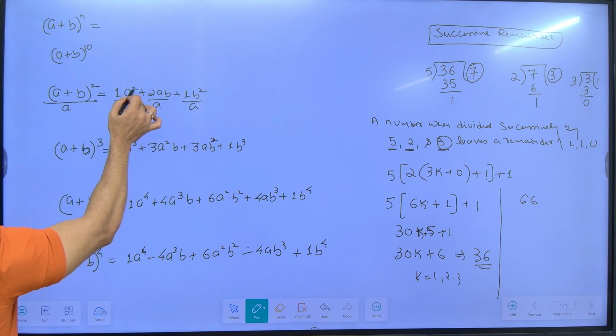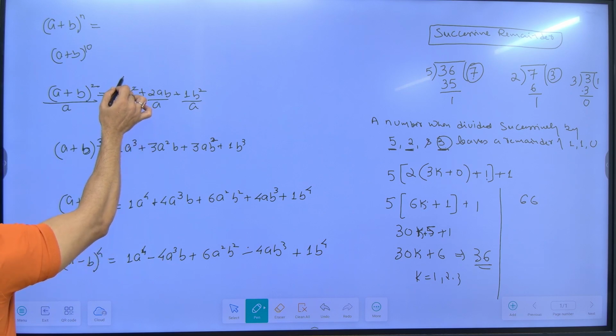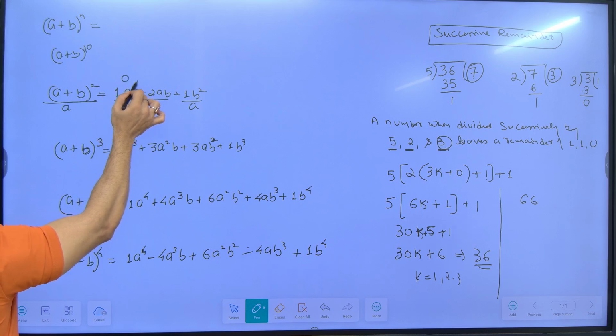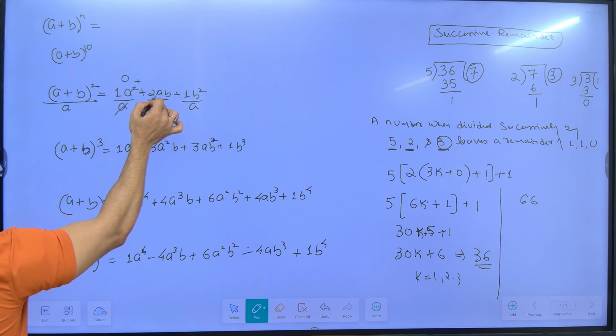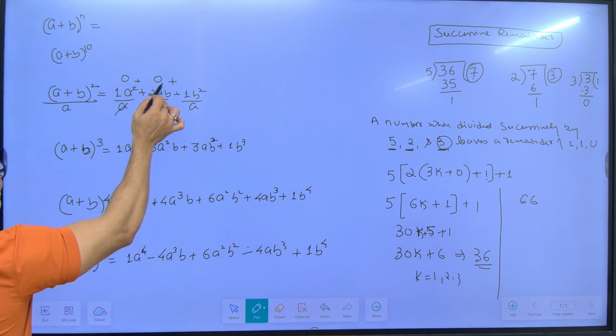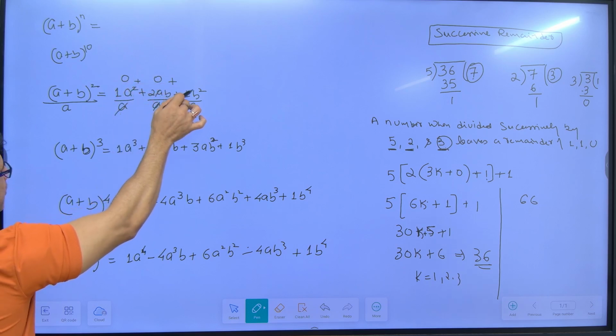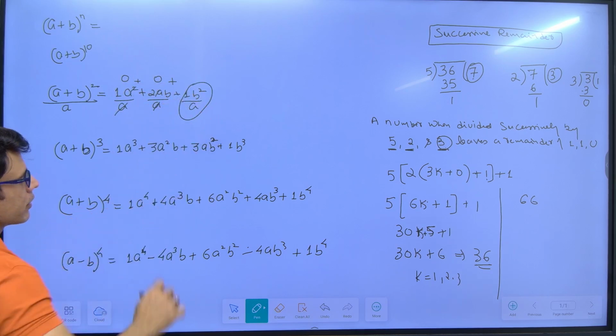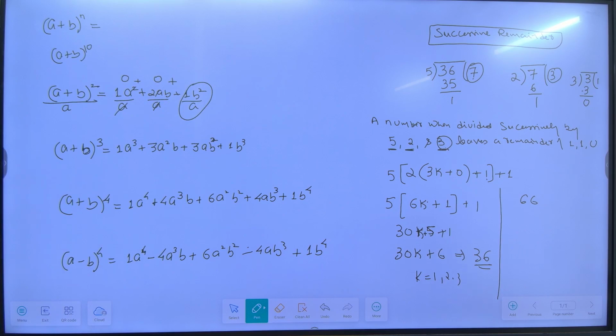So, if a square gets cancelled by a, what is the remainder? 0. So 0 plus 0 means at all other places the remainder will be 0. The final remainder will depend on b square. If your b square is less than a, then the remainder is b square only, right? But if your b square is greater than a, then you have to again divide by a.